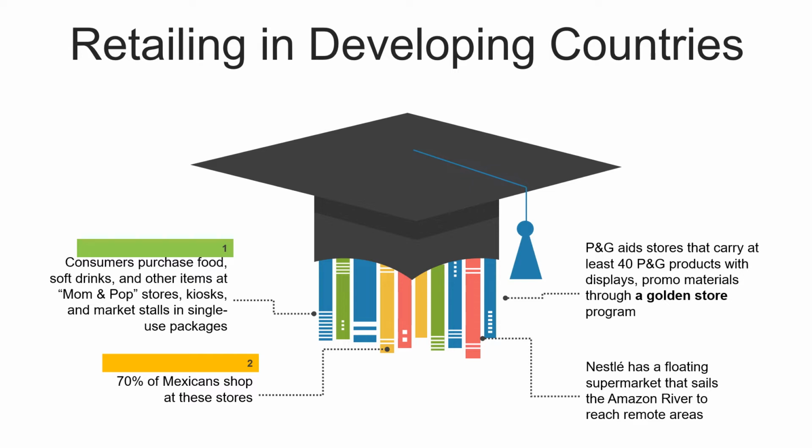Nestlé's strategy in Brazil includes a floating supermarket, Nestlé Até Você, meaning "Nestlé takes you on board." This is a boat that travels the Amazon by night and visits shoppers in 18 different cities by day.